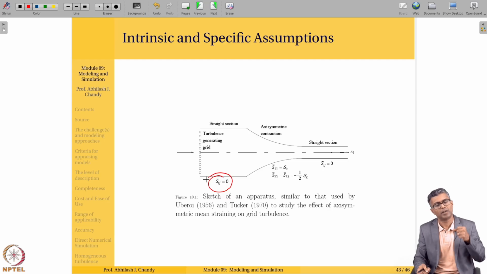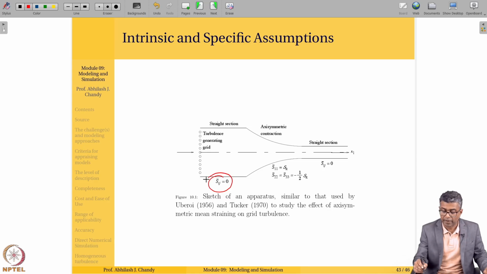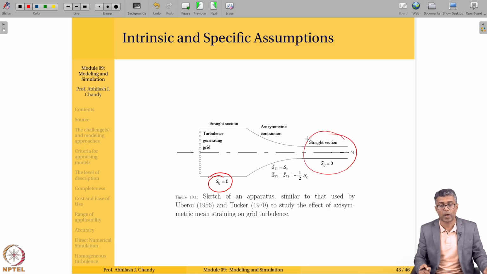According to your turbulent viscosity hypothesis, it is going to predict that the Reynolds stress is 0 in this section as well, because in any straight section, the Sij is going to be assumed to be 0, because the mean velocity gradient is 0. We are talking about steady state.